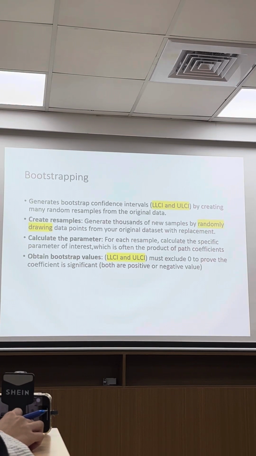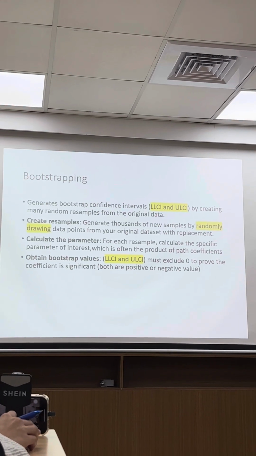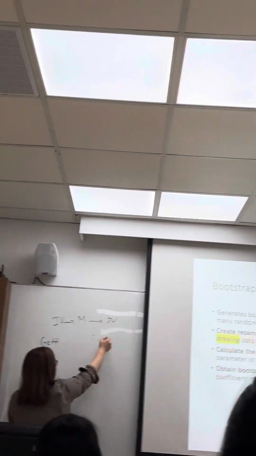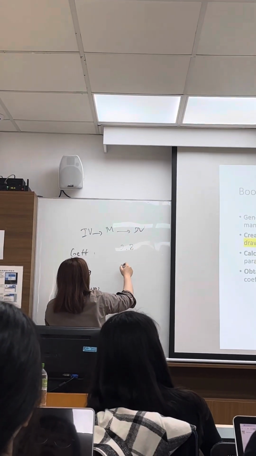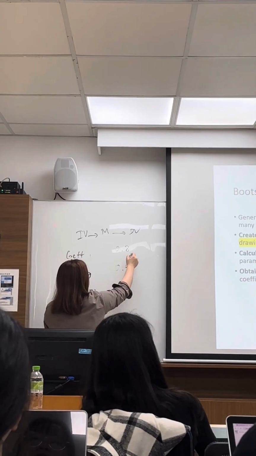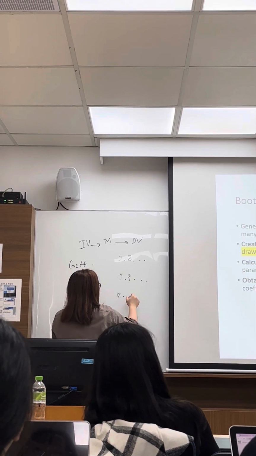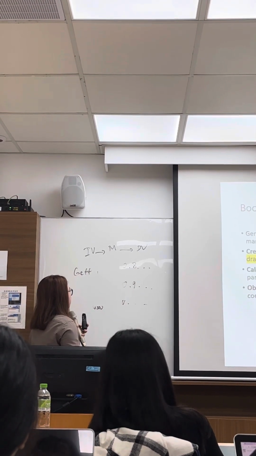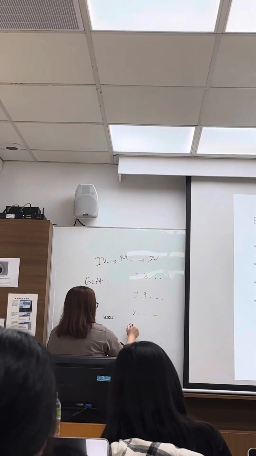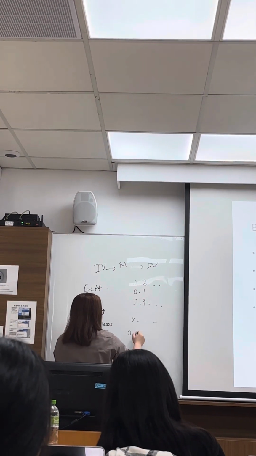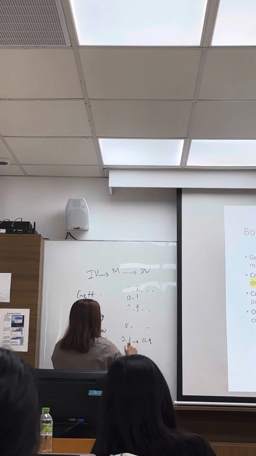All right. So after they run 10,000 times, they will create a distribution. The coefficient will change, not randomly, based on the resample. Let's say it can be 0.8, it can be 0.9, something very small behind. But in general, the strength, for example, the lowest one is 0.1 to 0.9.